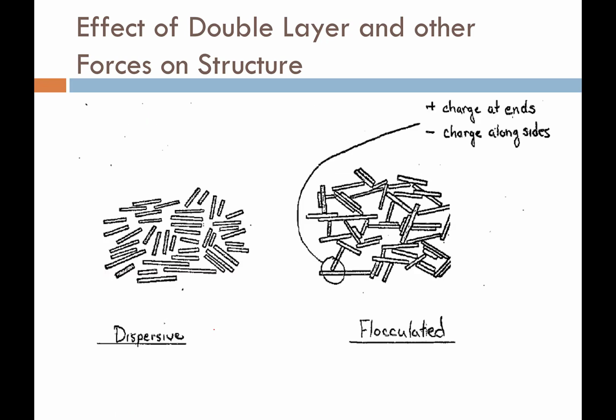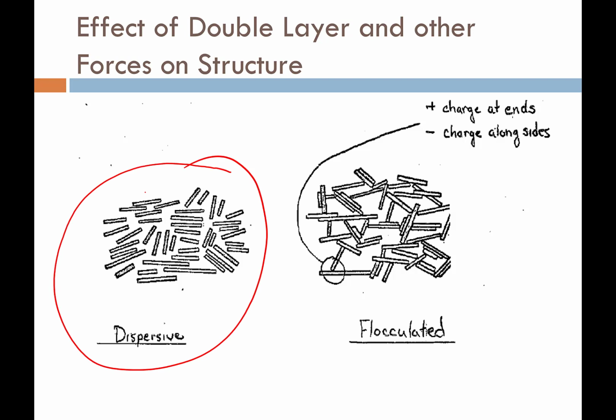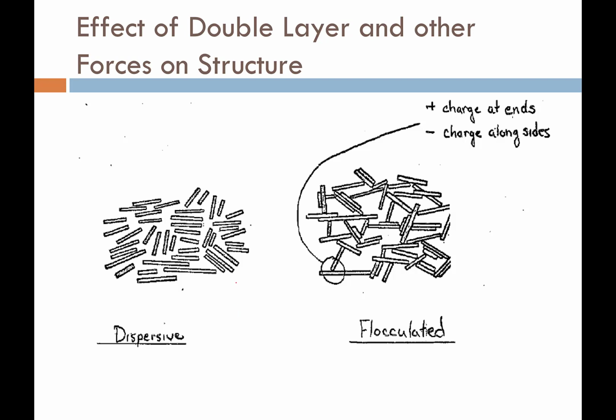So to show a diagram, okay, this guy on the left represents what dispersive clay looks like, and this guy on the right represents what flocculated clay looks like. Notice in flocculated clay you have contacts, okay, and it always happens where the end of a clay molecule is contacting the side of a clay molecule.